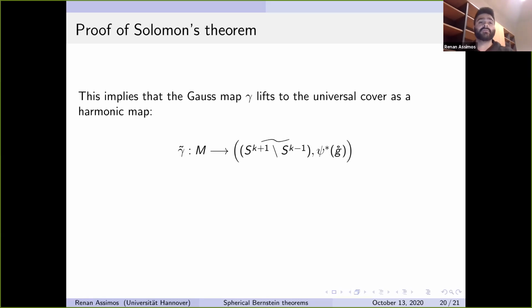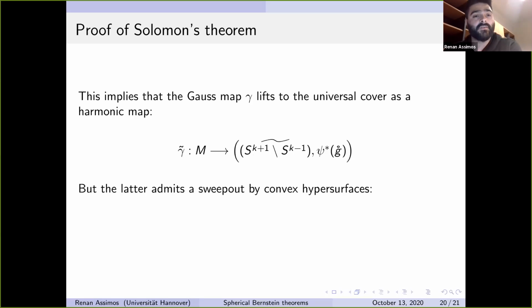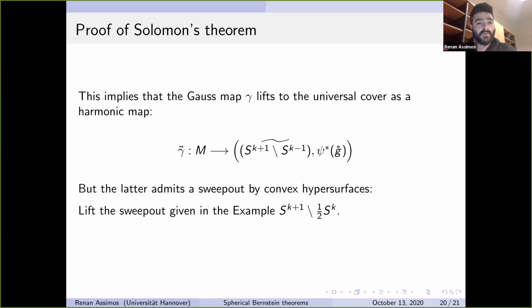So then we can lift gamma as a harmonic map from M, which is compact, into this region. And as I drew in the picture before, this region admits a strictly convex foliation. Therefore, it admits a sweep out by convex hypersurfaces. So the theorem follows, right?